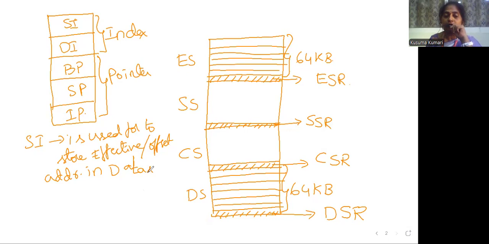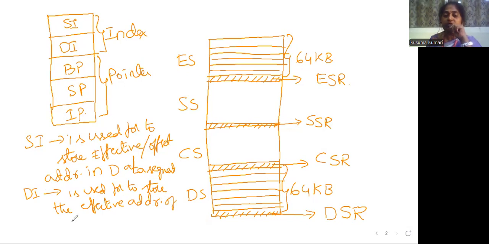Similarly, the destination index register is also used for string operations. It is used to store the effective address of the extra segment register.